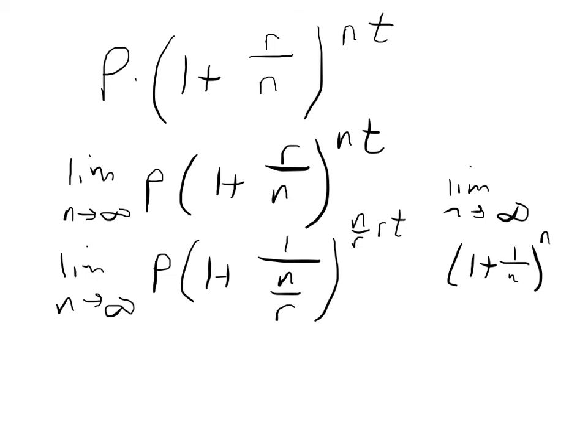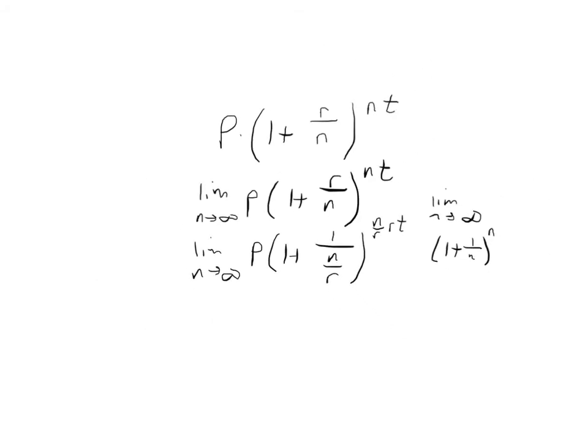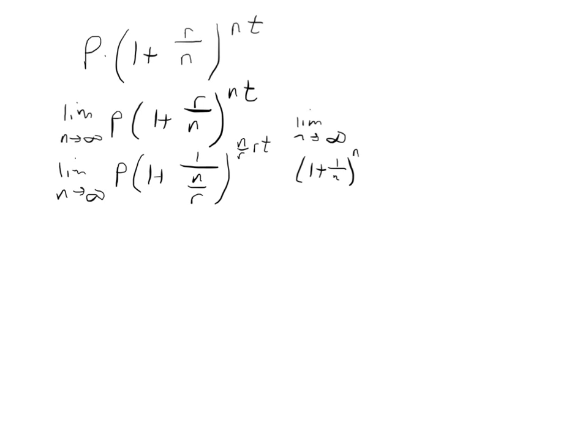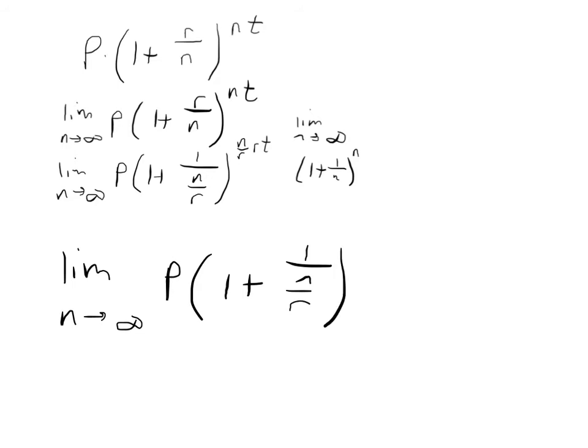But now I can go ahead and group this expression here: limit as n goes to infinity, P times 1 plus 1 over n over r raised to the n over r, and that whole thing is to the rt. Now go ahead and look what we have in here.